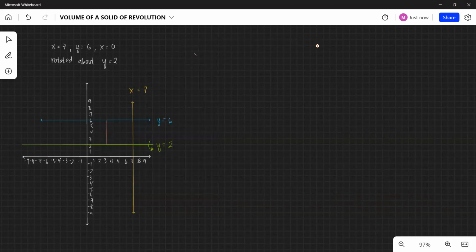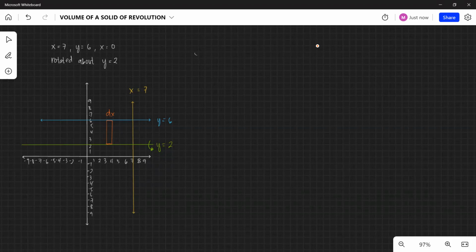Let's say this vertical strip, with of course thickness dx, and the length, if we're solving for the area, is the upper curve minus the lower curve, y of the upper curve minus y of the lower curve. But since we're solving for the volume, we need to get the difference between the areas of the outer circle and the inner circle.